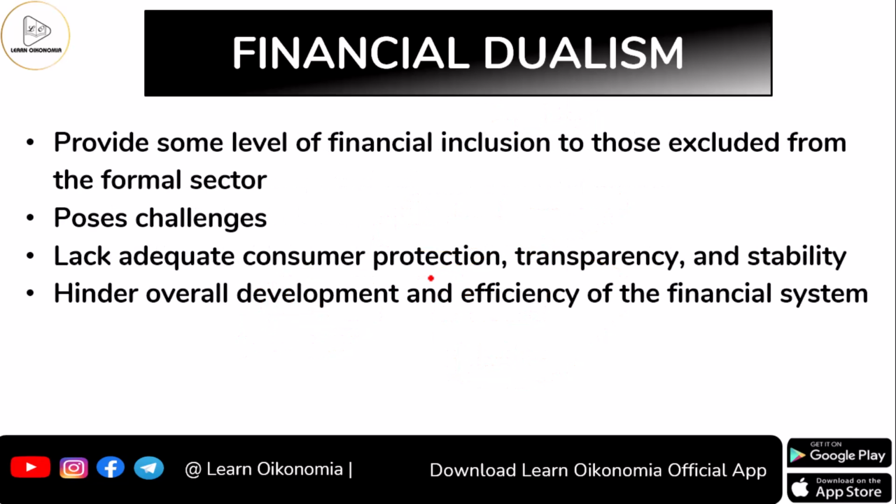So we could find that financial dualism would be providing some kind of inclusion to an extent. This dualistic character of the economy would be enabling people to have some kind of financial inclusion just by making them connected with the informal money lender. So if you have some informal credit societies or informal microfinance institutions, just an informal setup, what you do is go to that institution and take some kind of financial assistance.